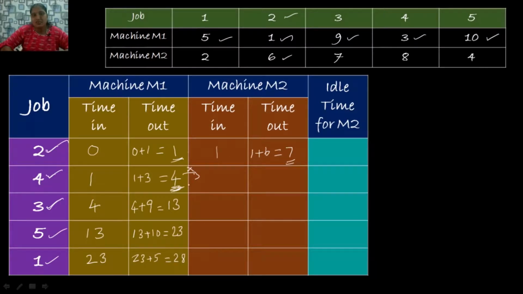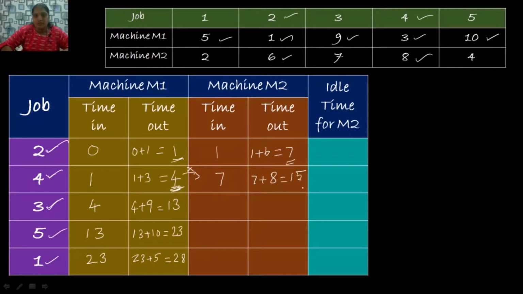So it has to wait for 3 hours. So at 7 hours the machine becomes free. At 7 hours it enters into machine M2, and job 4 needs a processing time on M2 of 8 hours. So 7 plus 8 is 15 hours.